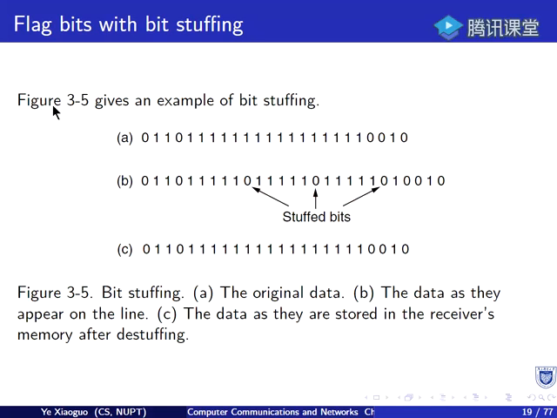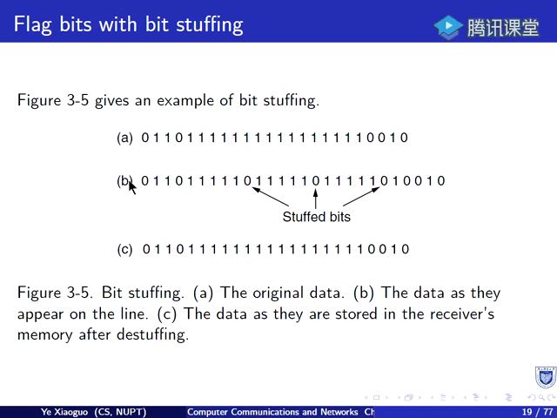For example, figure 5 gives an example of bit stuffing. We assume A is the original bit stream, 011011111. B means the data as they appeared on the line.